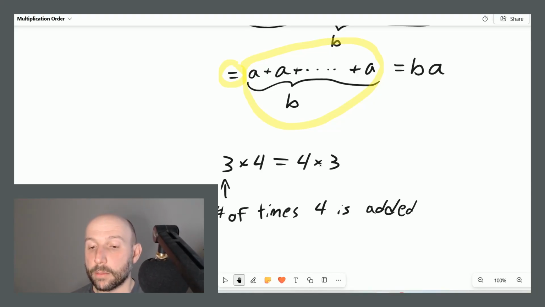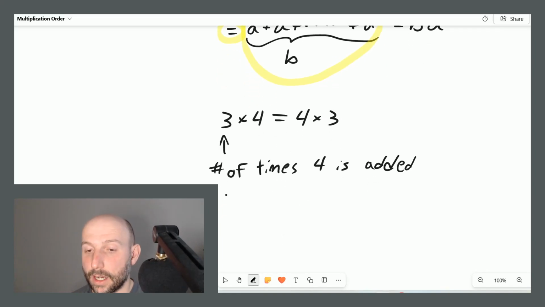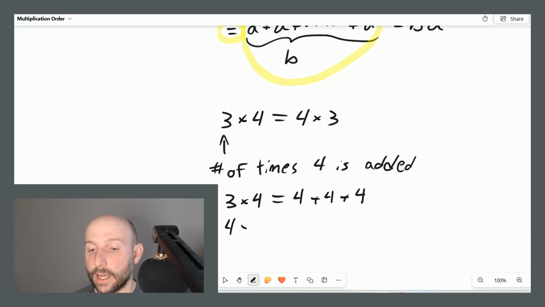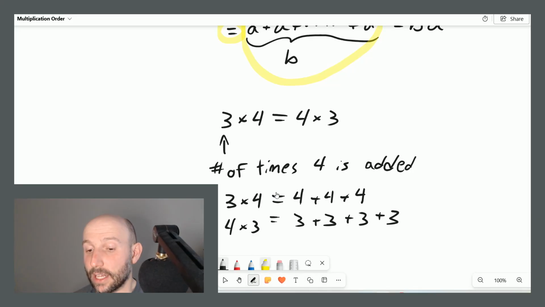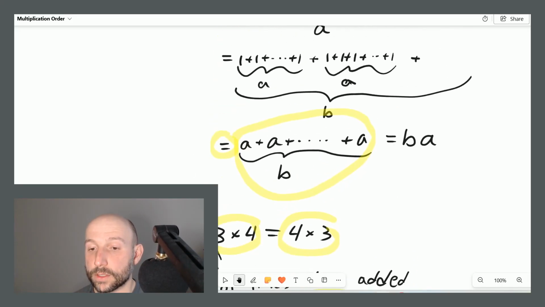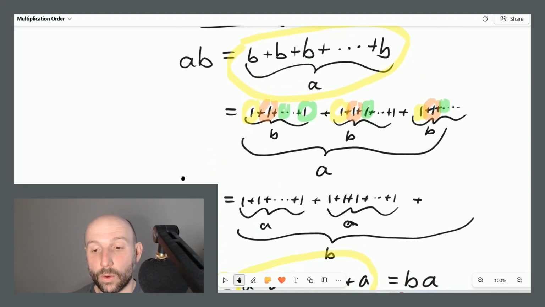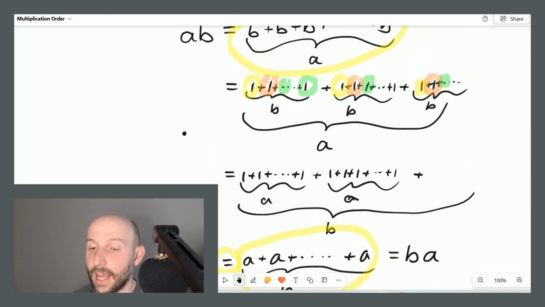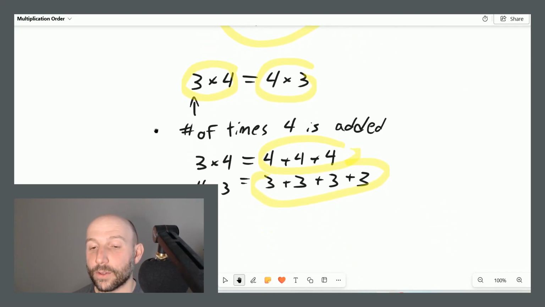So if you claim that 3 times 4 is 4 plus 4 plus 4, and you claim that 4 times 3 is 3 plus 3 plus 3 plus 3, well, we actually just showed that they're both equal to one another, and that viewing it this way or viewing it this way is just B groups of A or A groups of B, and that's just a different way of looking at the same thing.